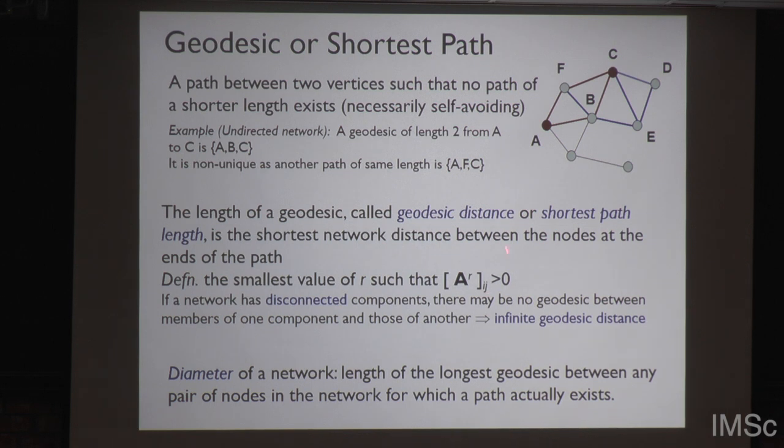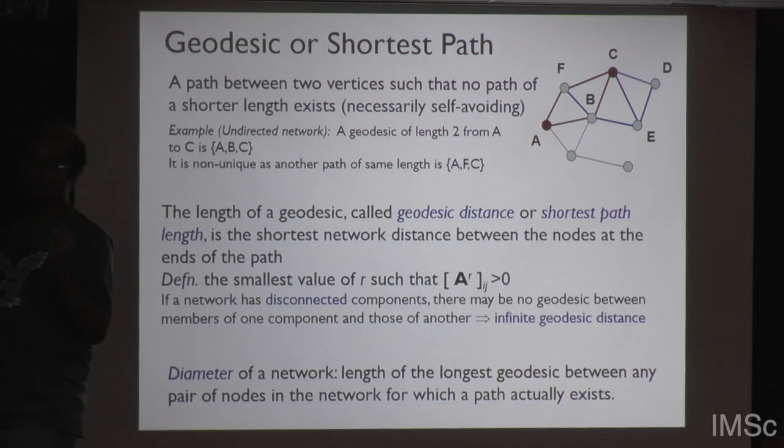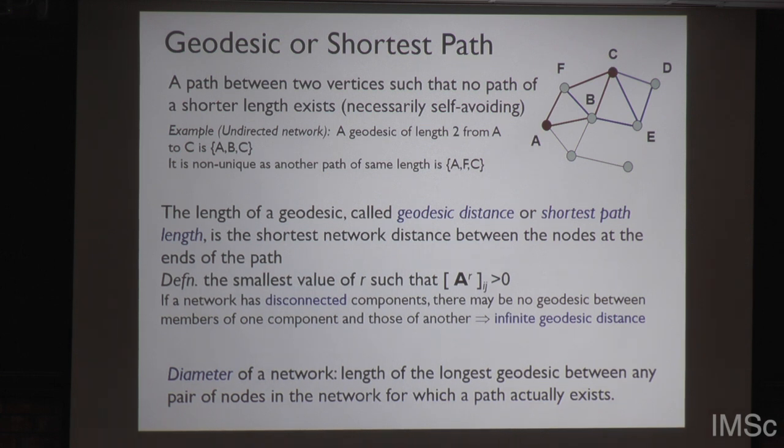The general definition is the smallest value of R such that A raised to R, that ijth element, is non-zero, and for all the other smaller values of R, the corresponding ijth element is 0. That means you will not be able to find a path of shorter distance which connects i to j. R is the length of the minimum path. And of course, if you have two disconnected fragments, you would have an infinite geodesic distance.